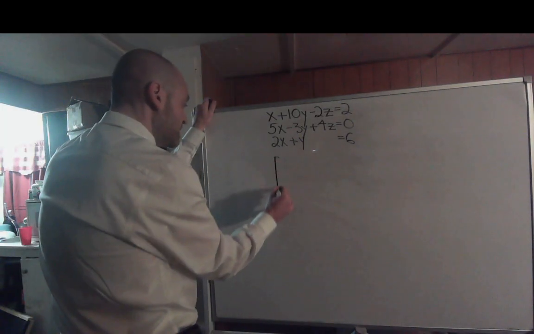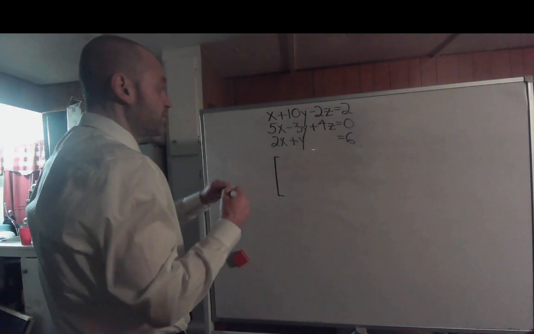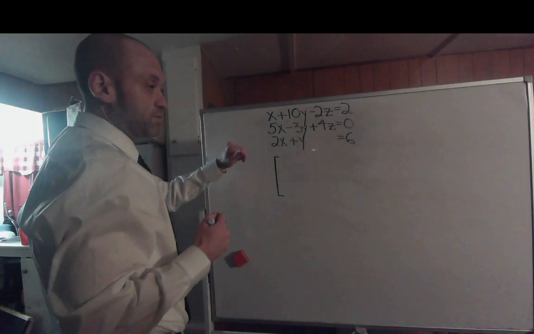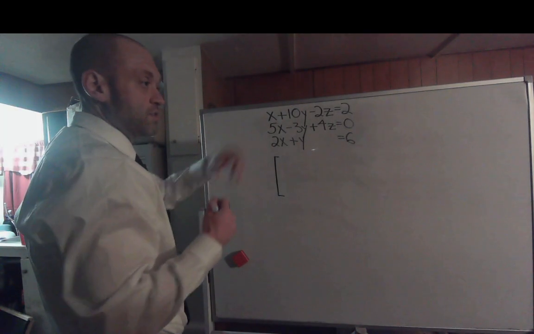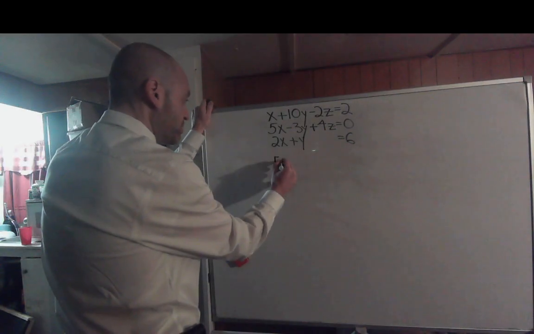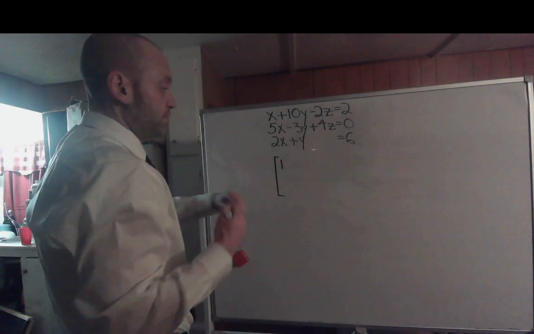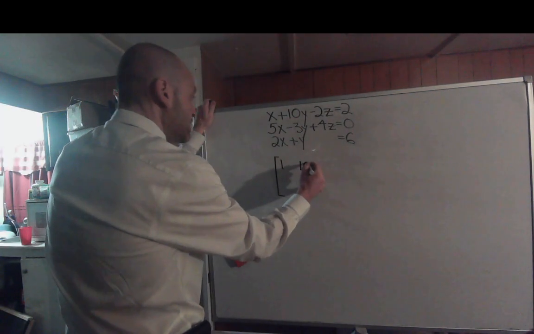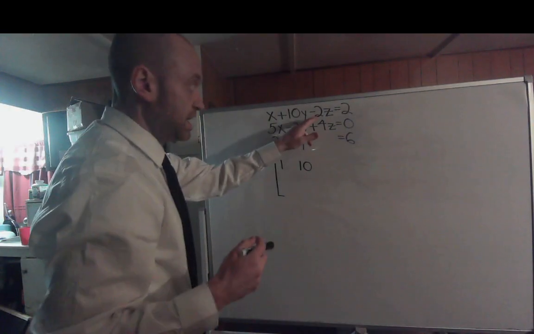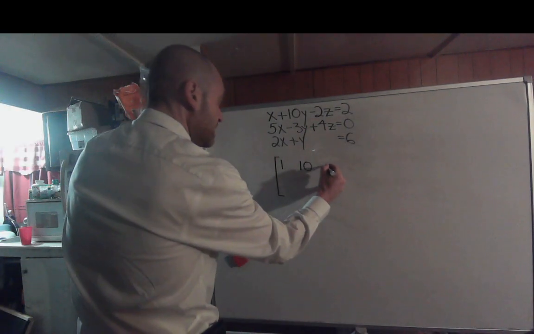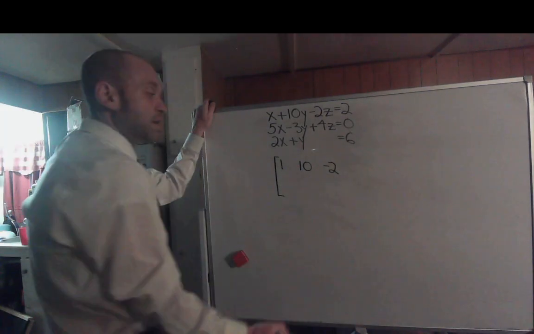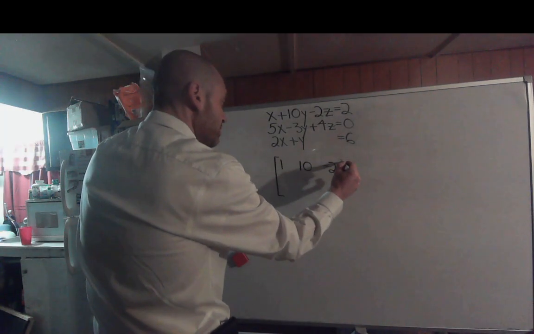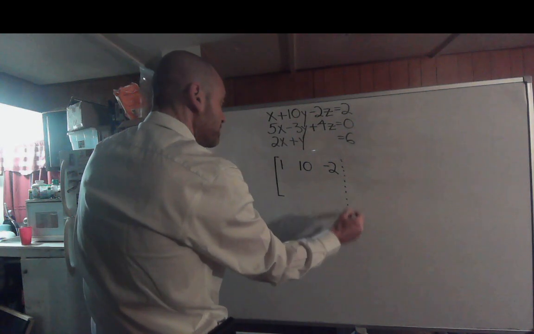So go ahead, set up your brackets. The first number in the first row is the coefficient on the x in your first equation. That's just going to be 1. Then the coefficient on your y in the first equation, that's going to be 10. Then the coefficient on your z in the first equation, that would be negative 2. And then you can set up your augmentation line.